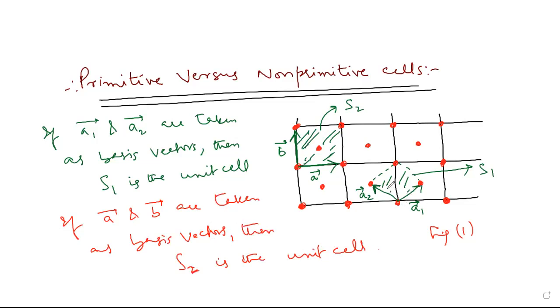So you can take A1, A2 as basis vectors for this Bravais lattice. Then this parallelogram S1 is the unit cell, or we can take A and B as basis vectors. Then the area S2 is our unit cell, right?